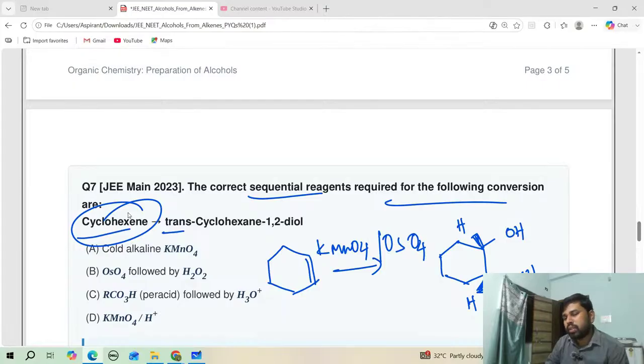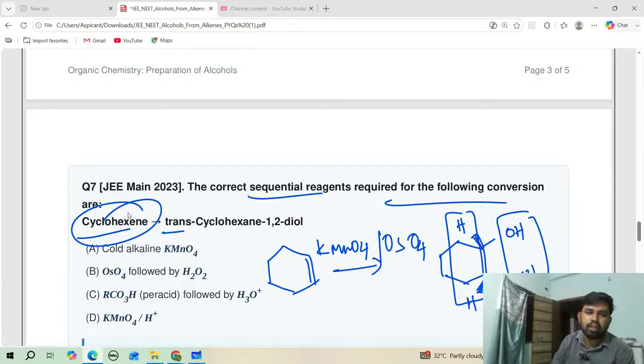This is both sides the same, OH OH. On this side we have hydrogen. This is called cis diol. Cis 1,2 diol they'll say. But what they want is trans. That time this will follow trans. Okay.